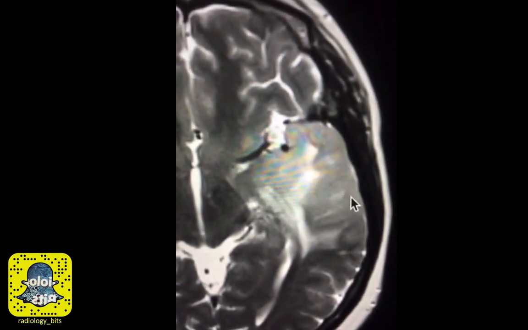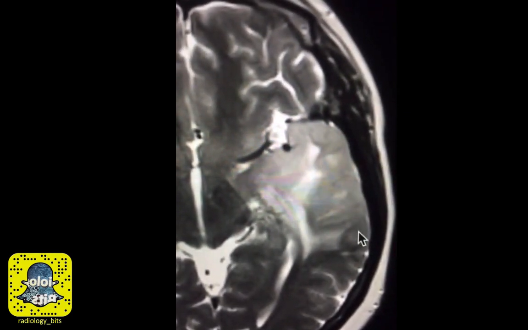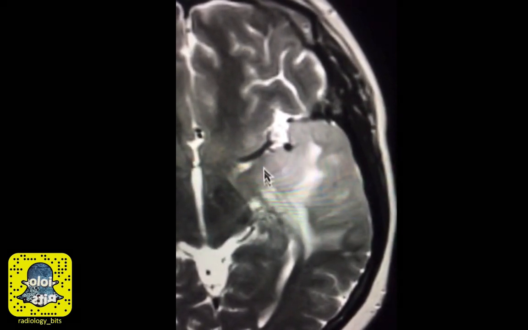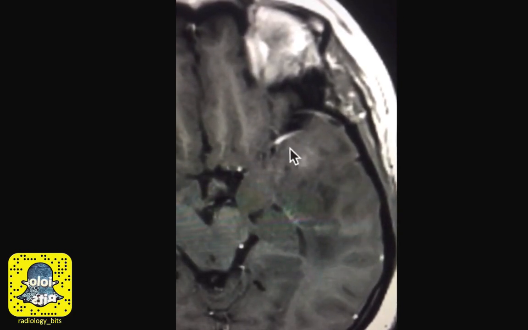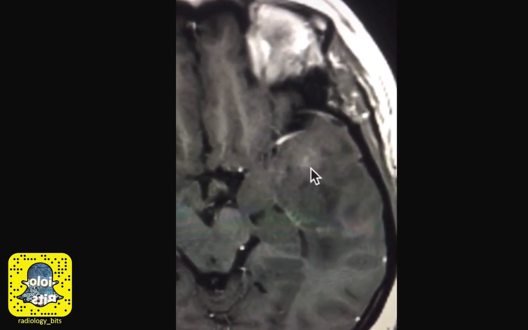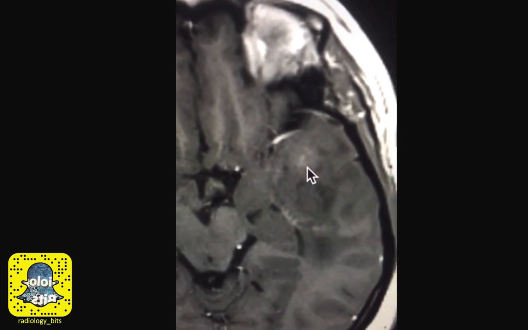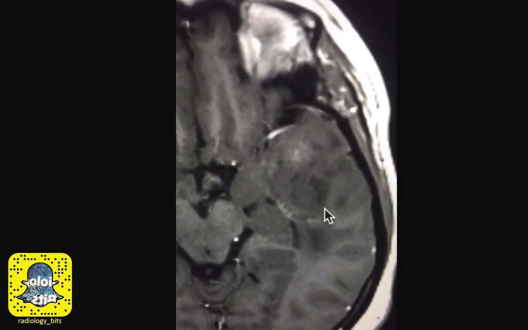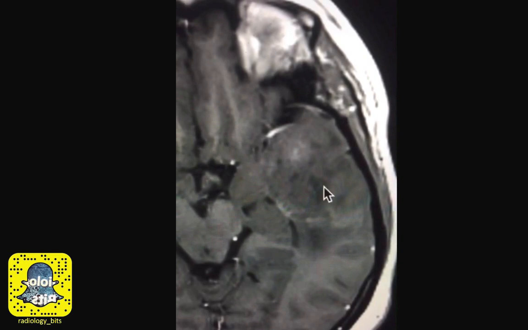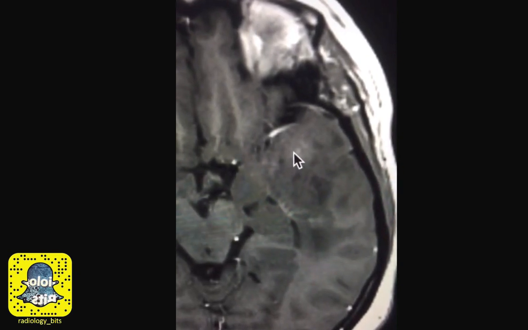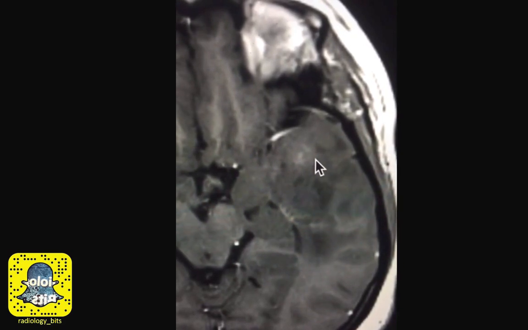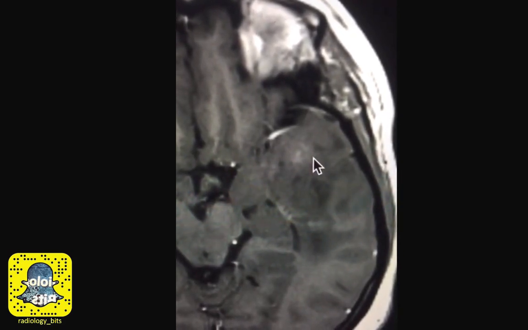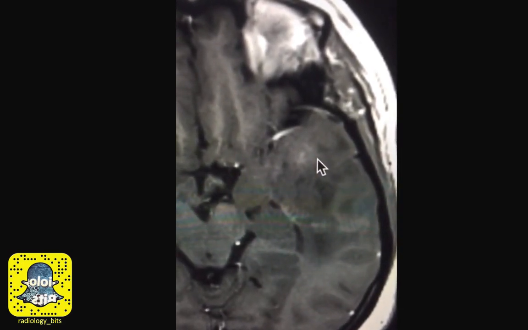We emphasize the point of looking for extent on T2 weighted imaging and FLAIR, and for utilizing T1 with contrast to assess areas of enhancement that denote the grade of the tumor. Low-grade astrocytoma does not enhance. Anaplastic astrocytoma shows mild to moderate enhancement. And the highest grade, known as glioblastoma, would show intense enhancement.